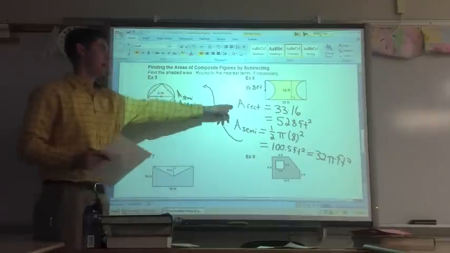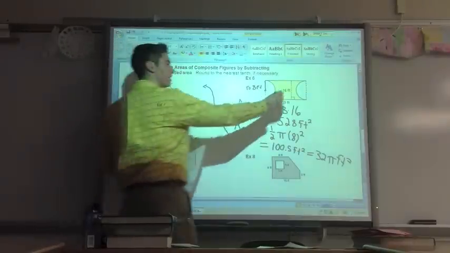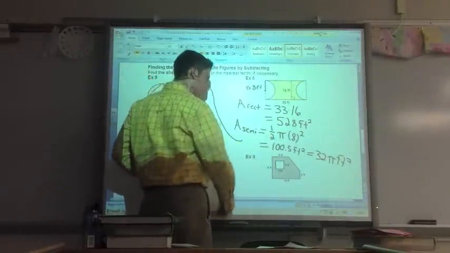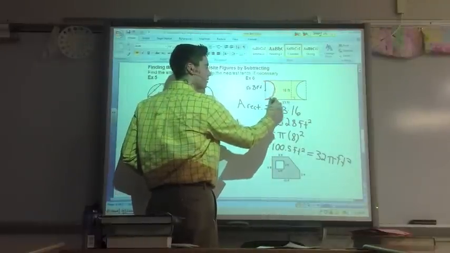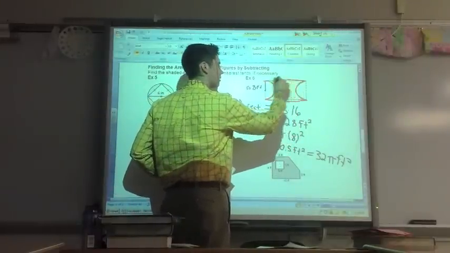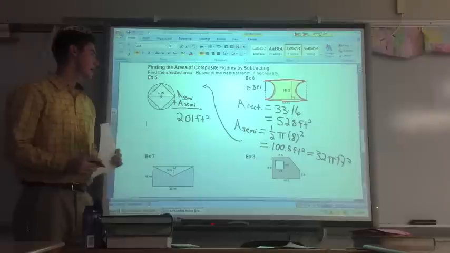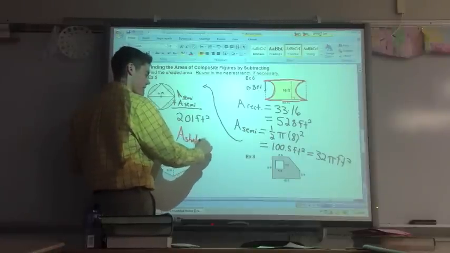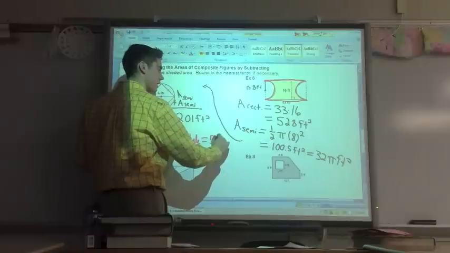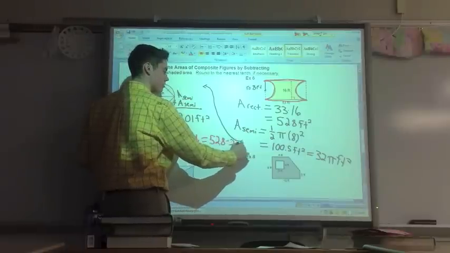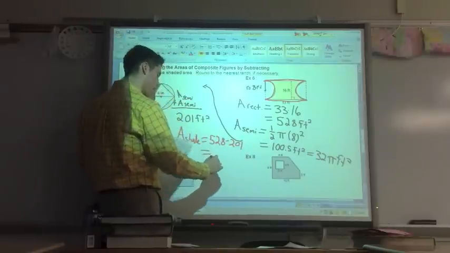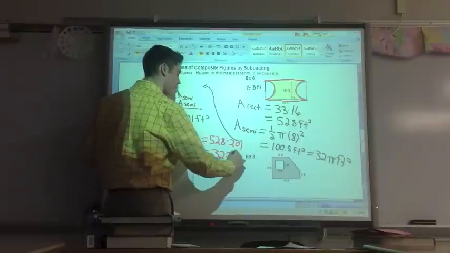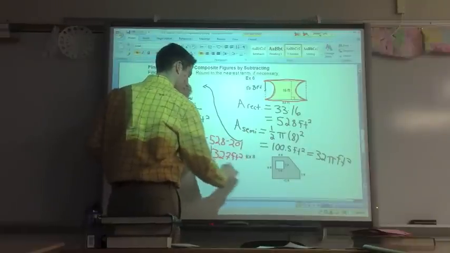And now we're ready to find the area of the shaded region, which is here, sort of like an hourglass. The area of the shaded region is equal to 528 minus 201, which is 327 square feet.